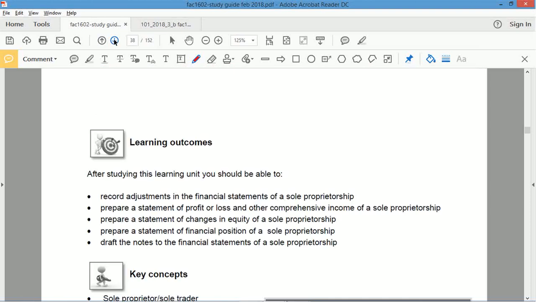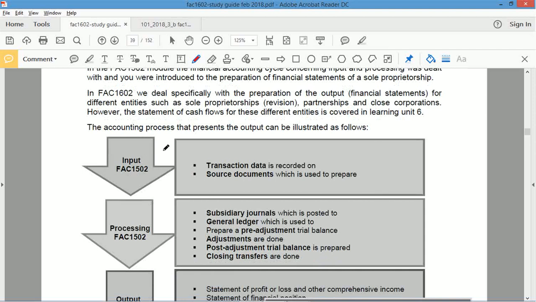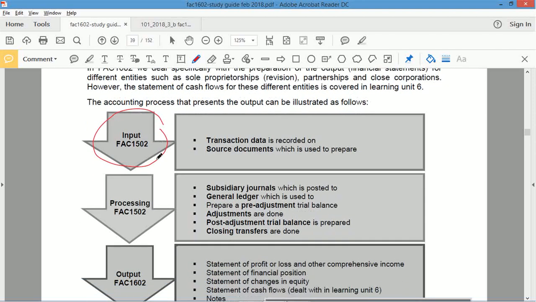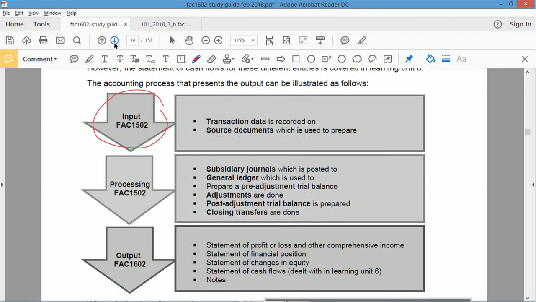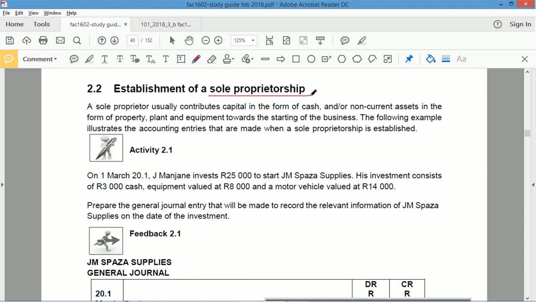Okay, so let's check what the first bit is. Learning outcomes, key concepts, introduction. Referring to 1502, so make sure you do go back to your notes there and reference and revise that. Establishment of a sole proprietor: one individual running a business. That individual is going to have capital and drawings and a profit or loss.